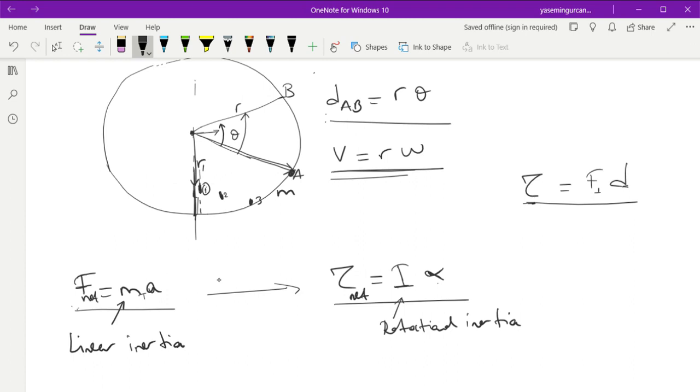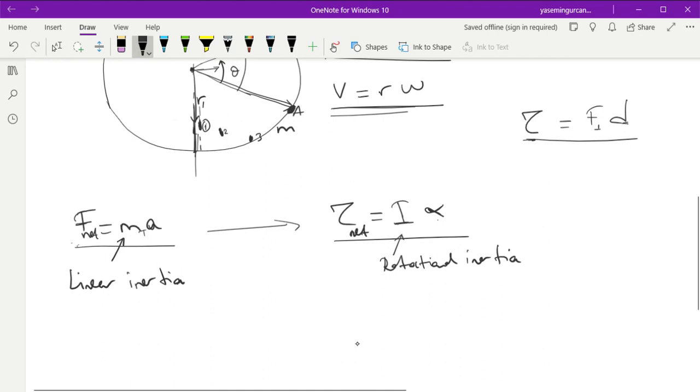And of course, it's obvious that if you increase the mass, if you get a bigger object and try to rotate at the same radius, it is harder. So the resisting parameter in rotation is not just the mass, but also the radius is important.